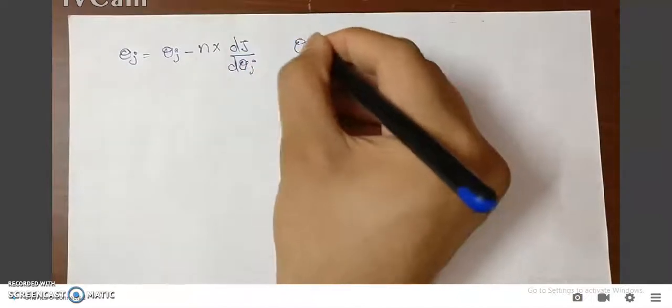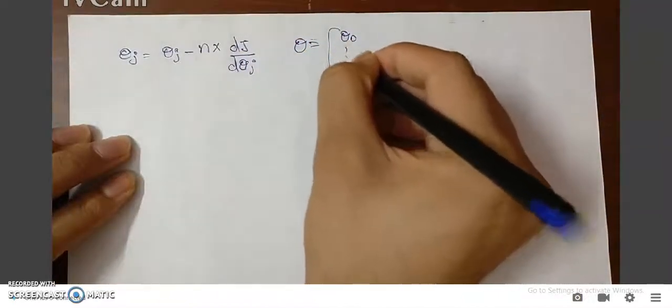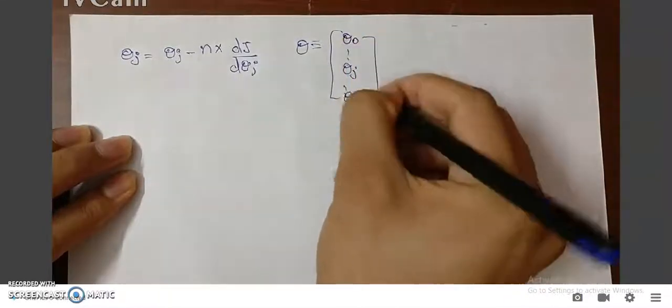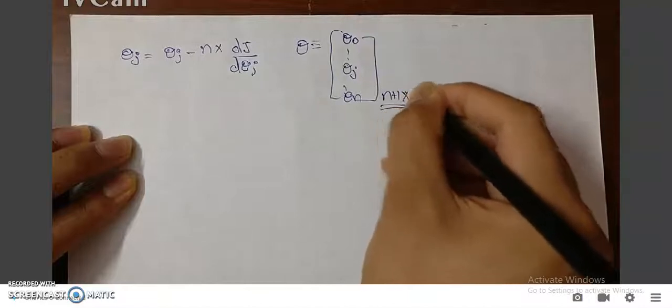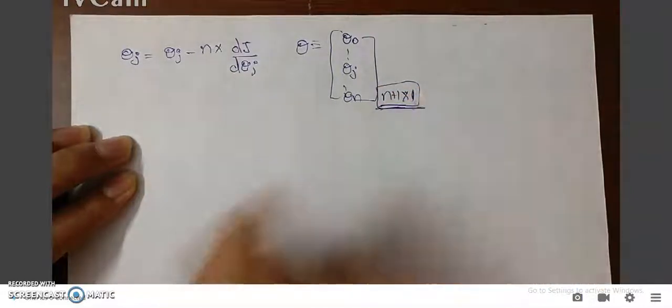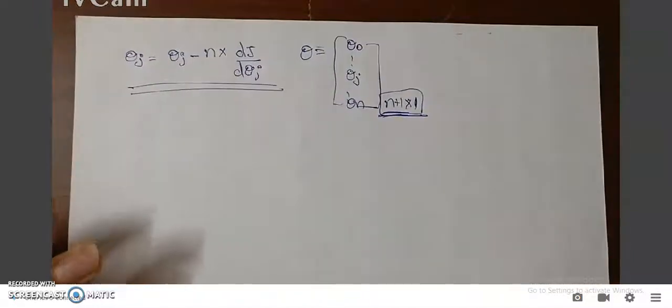If you calculate the matrix of theta, then it would be theta 0, theta j till theta n. It's an n plus 1 cross 1 matrix, right? So in this way we're going to update every theta value, right?